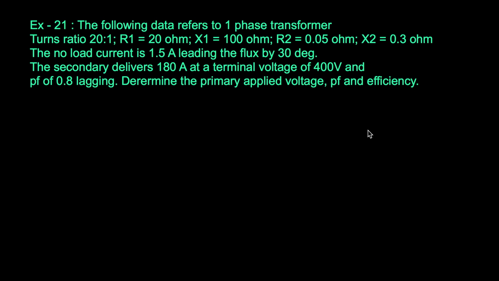Now we look at this problem, example 21, and this is quite interesting, where it's a complete circuit solution for a transformer. So let's see how it is. The following data refers to a single-phase transformer. Turns ratio is given, R1, X1, R2, X2 are given. No load current is given, and the secondary delivers 180 amperes.